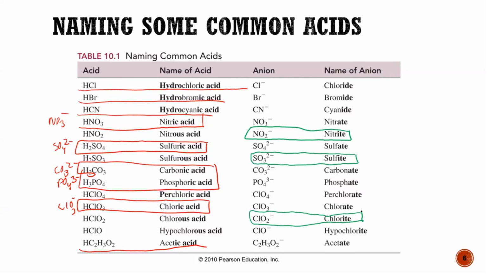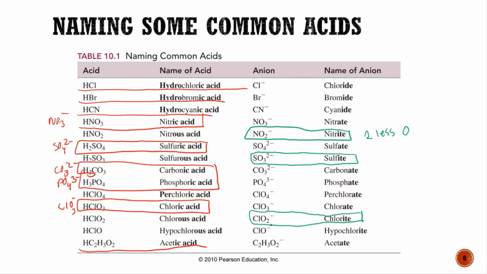It's less than. It had one less oxygen. So nitrate has 3, nitrite has 2. Sulfate has 4 oxygens, so sulfite has 3. Chlorate has 3, so chlorite has 2.